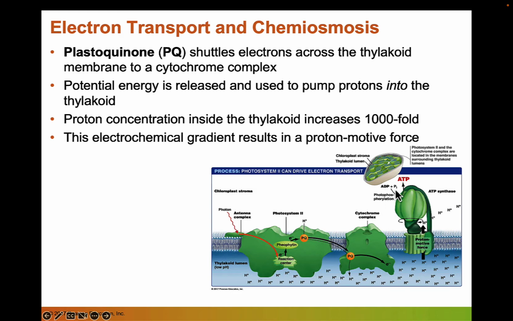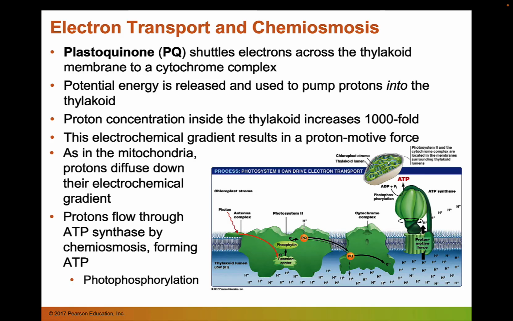phosphorylation of ADP. So recall that in the mitochondria, we called this oxidative phosphorylation. And in the chloroplast, we call it photophosphorylation because we use light. Although the process of chemiosmosis and the proton motive force and the mechanism by which the ATP synthase generates the ATP is all the same, our original energy came from light.